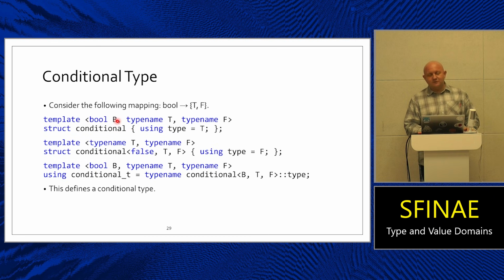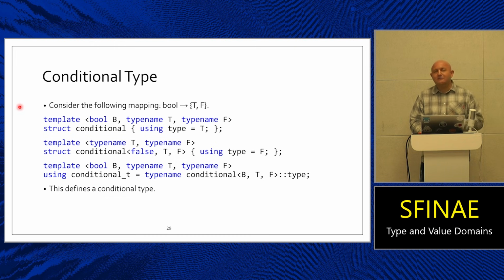For instance, from bool to vector or list, from bool to int or double, from bool to true_type or false_type, from bool to any T or any F. This is basic SFINAE mapping. At compile time, it picks one of two types depending on the value of a Boolean template parameter, and it is a simple type-level if-else.